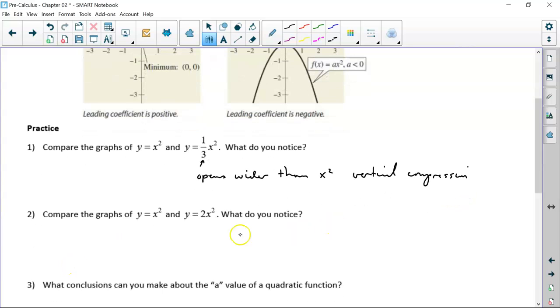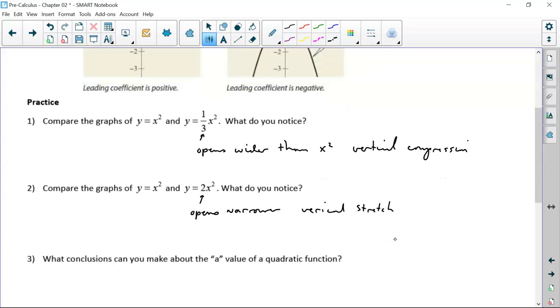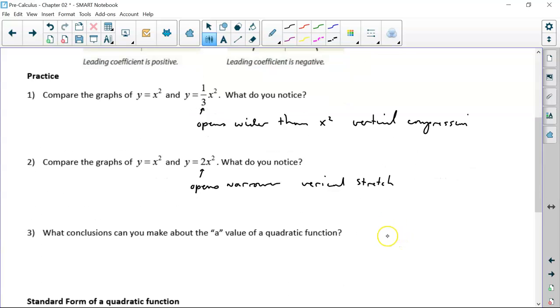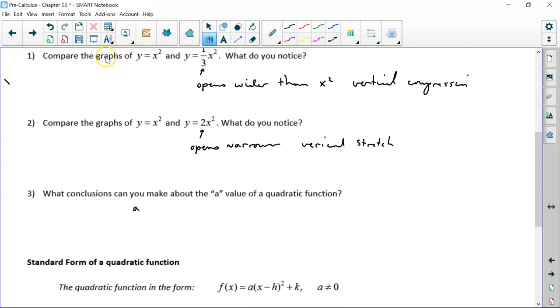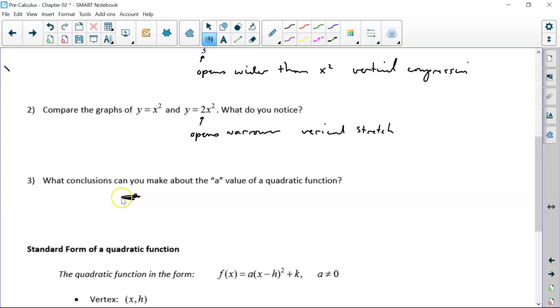When you look at the graphs of x squared and 2x squared, the one with the 2, it's narrower. It's vertically stretched. So what a does, a affects the width. It's going to cause that vertical stretch or vertical compression. And we can summarize that down here at the bottom.